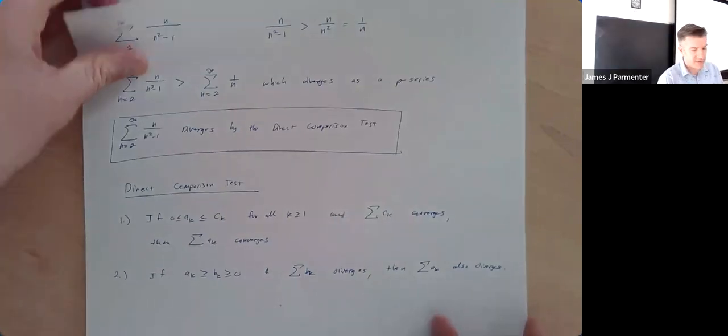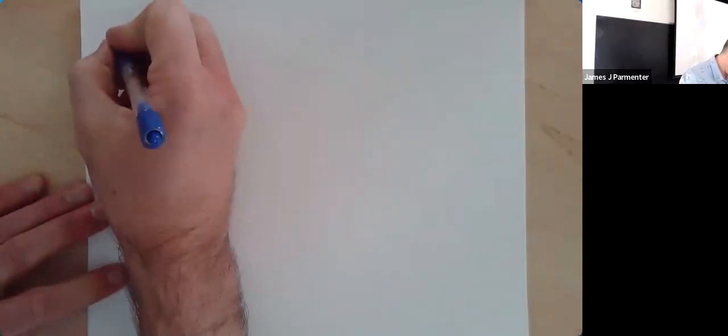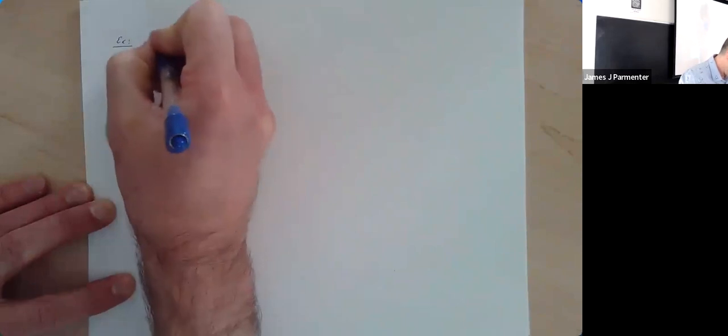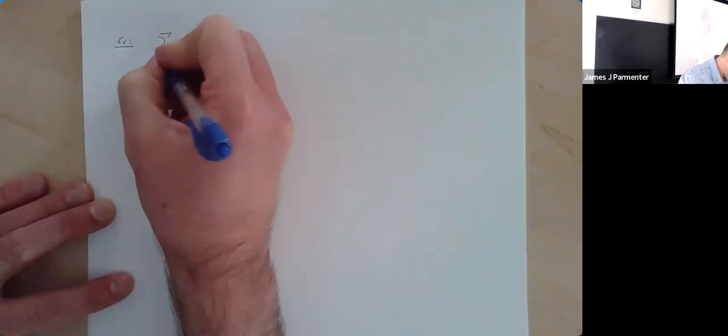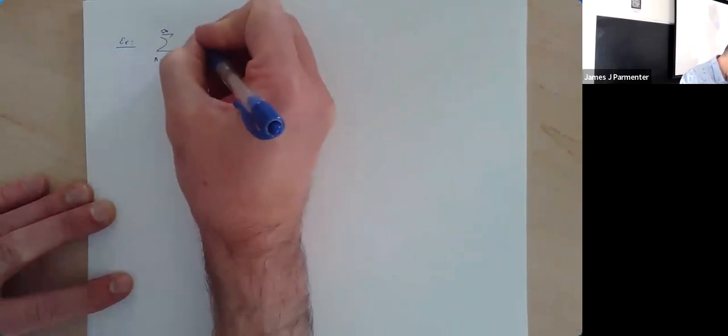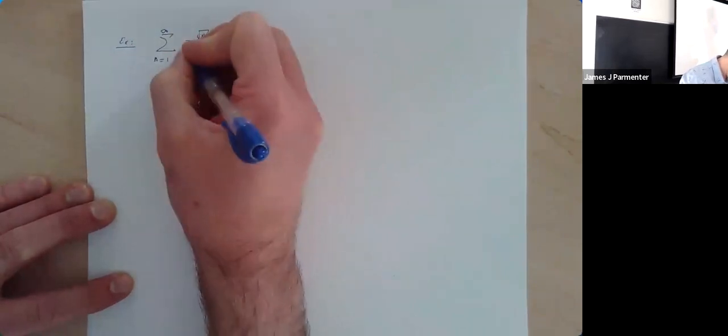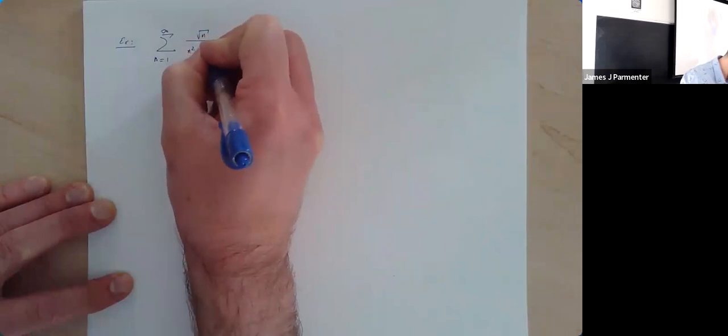So how to figure out what to compare with? That's kind of the question. So let's say we had, for example, the sum from n equals 1 to infinity of the square root of n over n squared plus 5n plus 15. Usually, a good place to start is just by comparing the largest powers of n on the top and on the bottom.